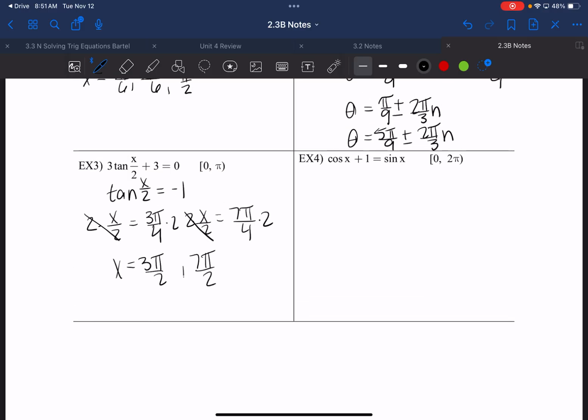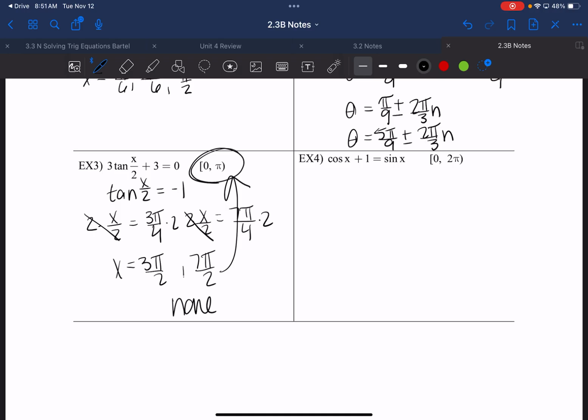But what was our restricted domain? 0 to pi. Are either one of those in that restricted domain? No, because they're both bigger than 1, so because of this, we don't have any. They all occur past that point.